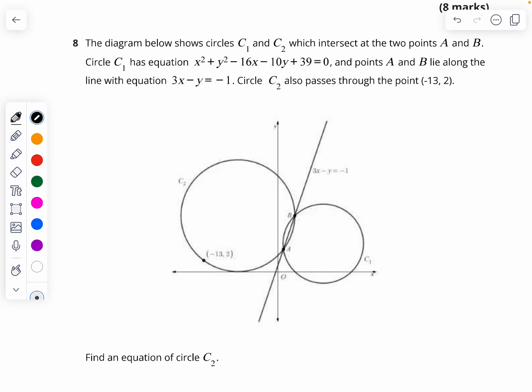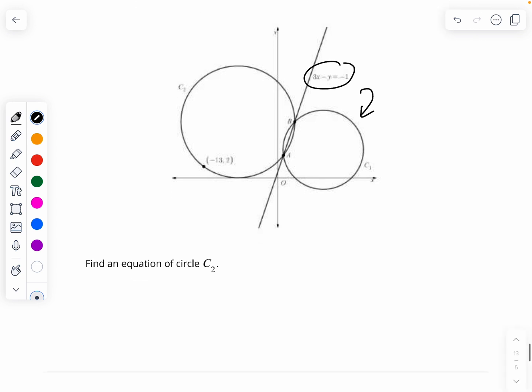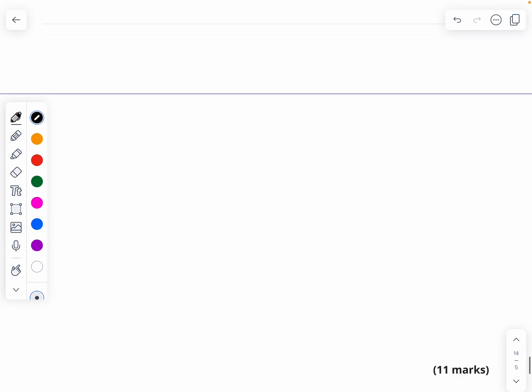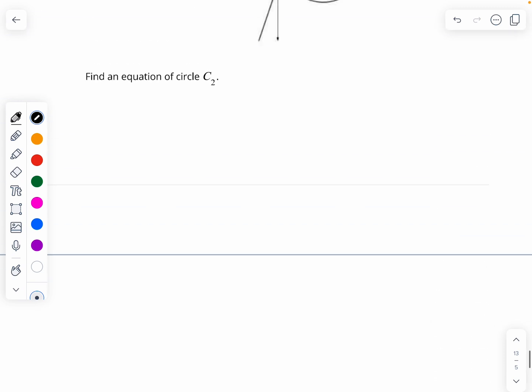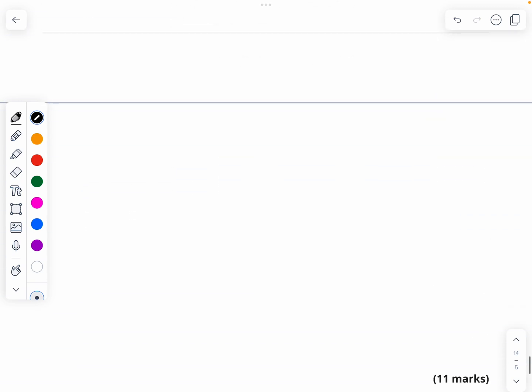So first this line will intersect C1. So I'll be finding out the points of intersection A and B. At least if you do that one, you'll be getting the 4 points very easily. So what am I going to do? y equals to 3x plus 1. It will intersect the first circle.